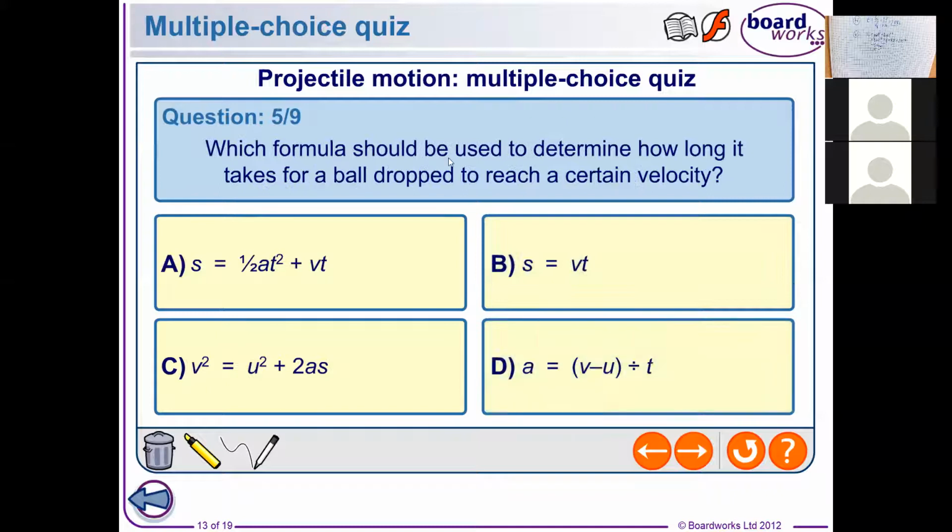Okay, let's move on. Which formula would you use to determine how long it would take for a ball to drop to reach a certain velocity? I'm going to ask Sheila.